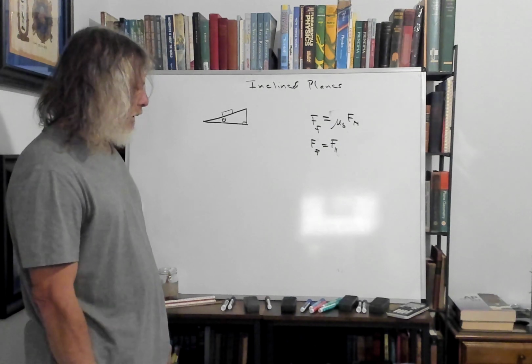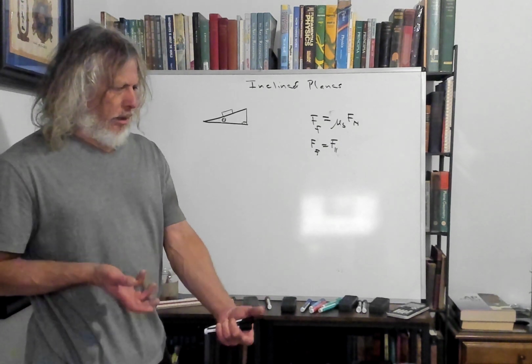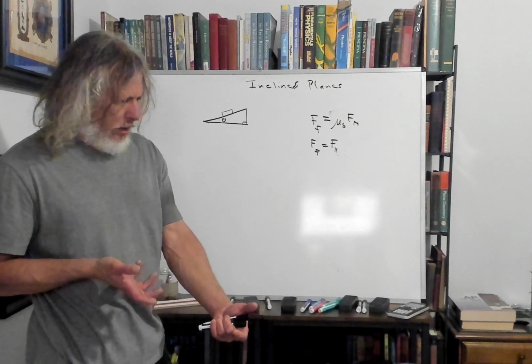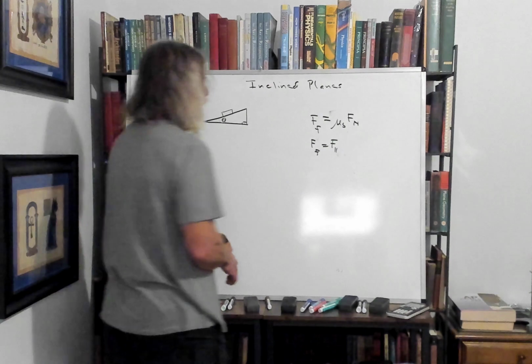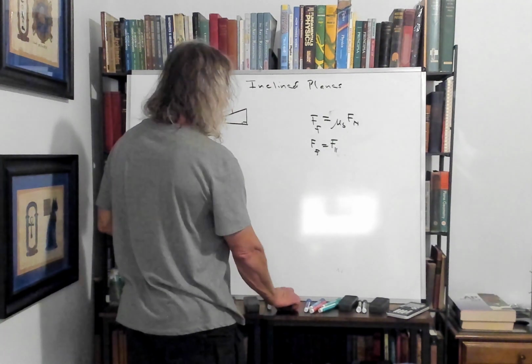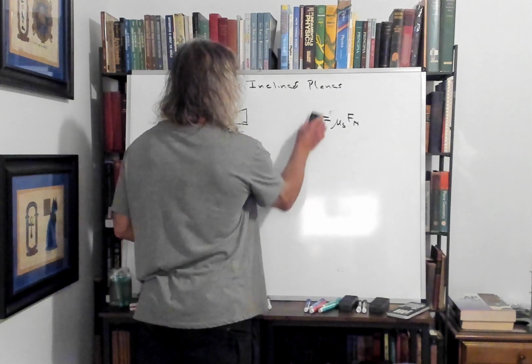I don't have a demonstration right here handy, but you can get it with a 2x4 or a board. Put something on it, start lifting it up slowly. Eventually something will move. Easy. So when this is the case, then this will equal that.